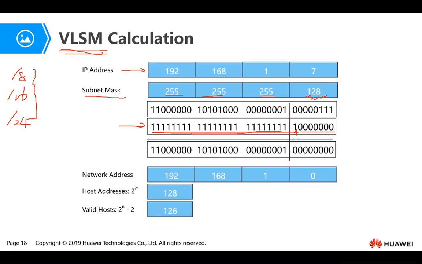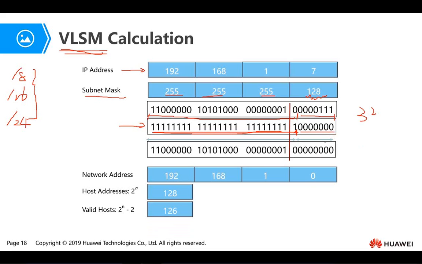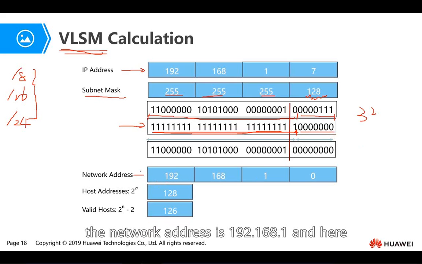That means 25 bits of this 32 bits are the network part, and the 7 bits are the host part.